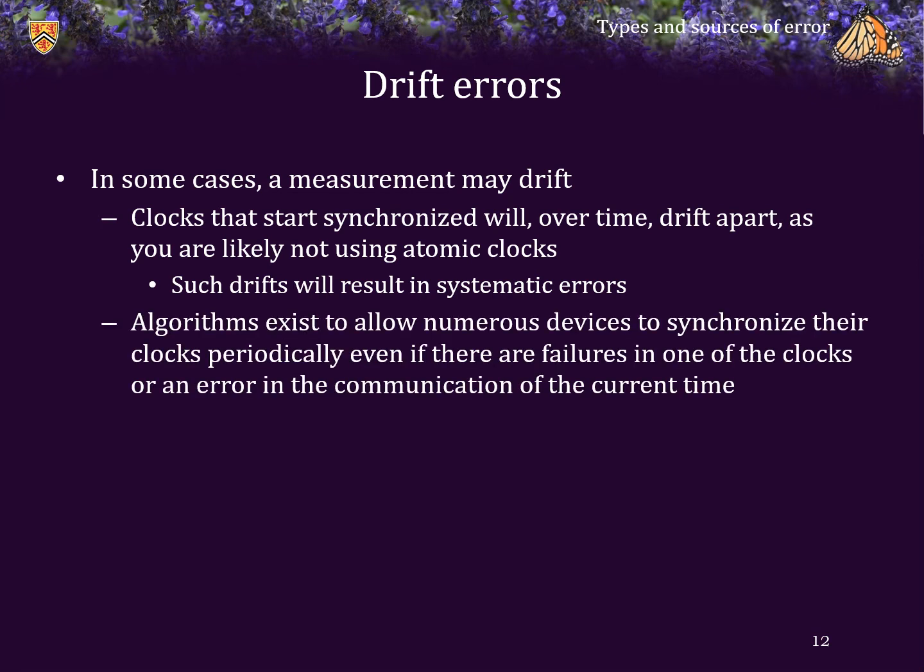Now, algorithms exist that allow numerous such devices to periodically synchronize their clocks. And these algorithms still continue to work even if there is a failure in one of the clocks, giving a completely erroneous reading as to what time it currently is. At the same time, these algorithms also allow for errors in the communications of the current times as the drones are intercommunicating with each other.